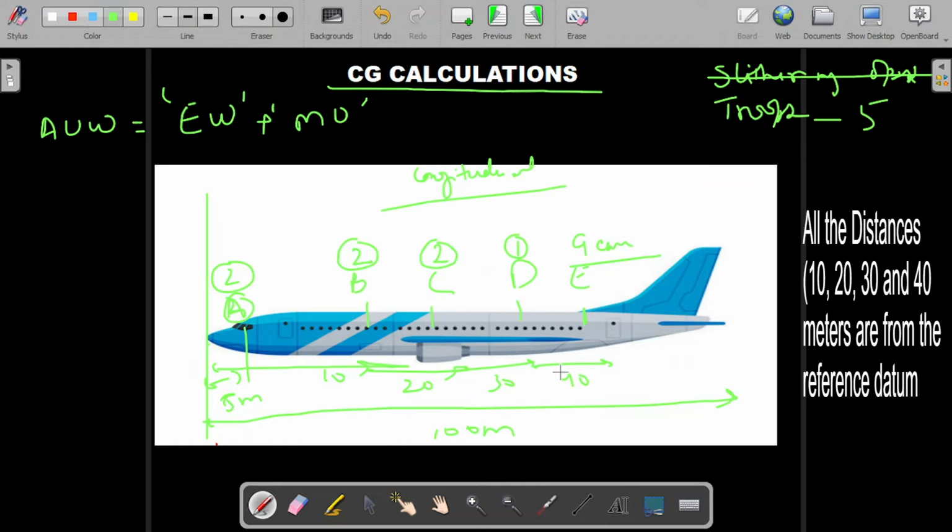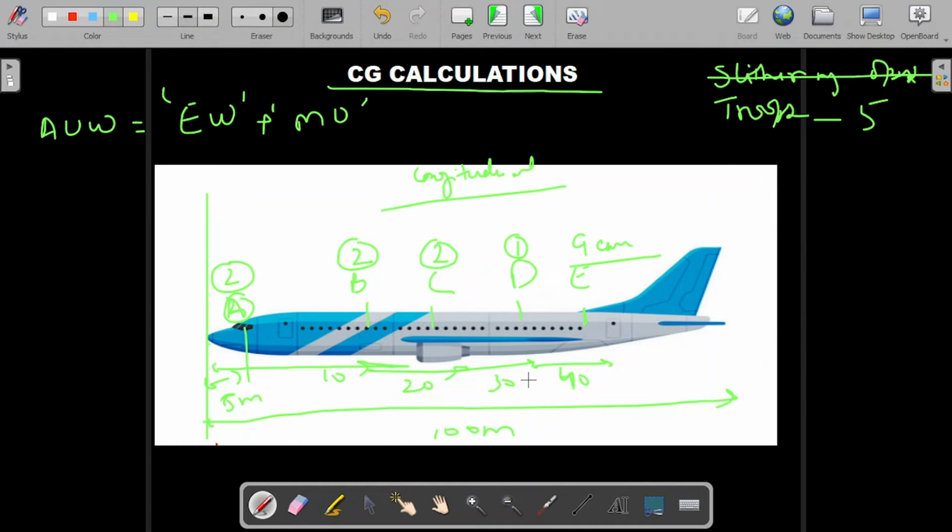I'm just taking an example. And we are aware that the empty weight of the aircraft which is given in the manual is, let's say, 2000 kgs, and the center of gravity in the xx direction is at 20 meters.